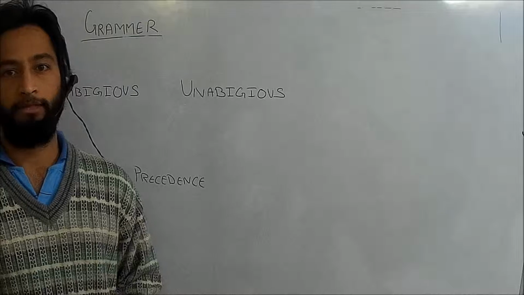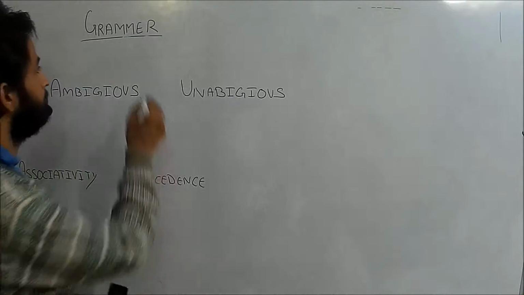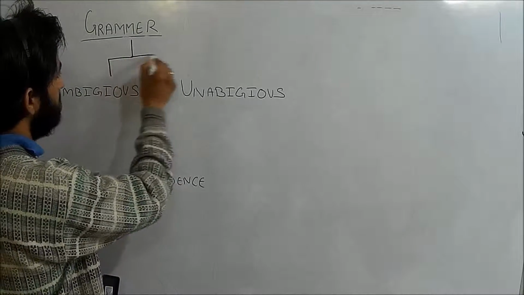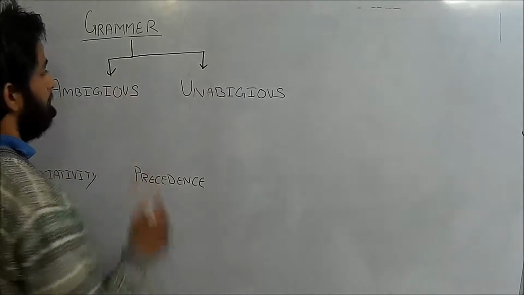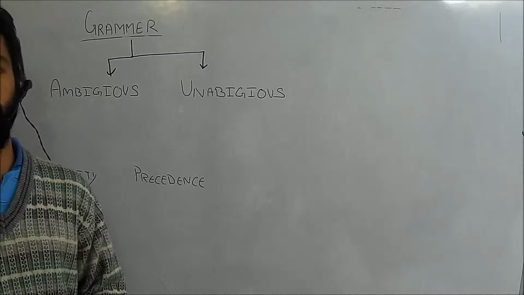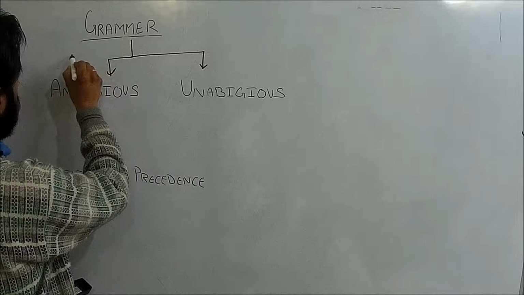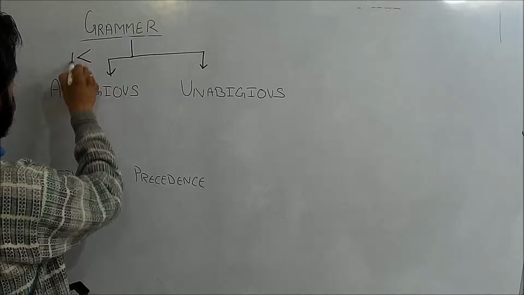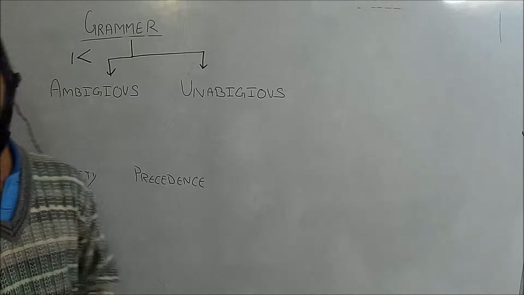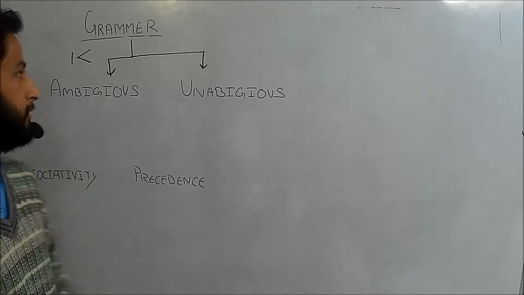Till now we have seen that a grammar is of two types: ambiguous grammar and unambiguous grammar. If we have more than one parse tree, then the grammar is ambiguous.